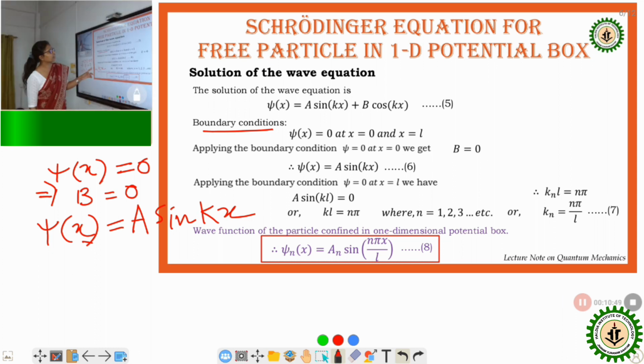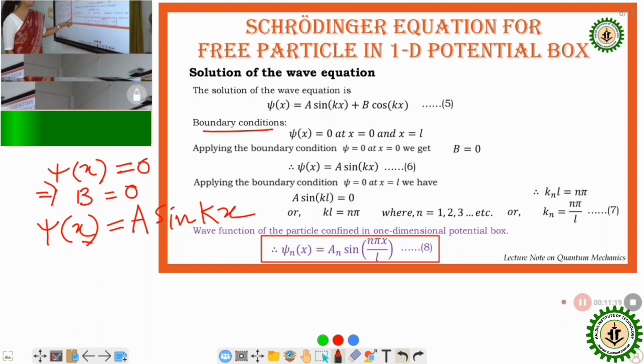Now if you put the other boundary condition, psi of x equals 0 at x equals L, you can write a sin kL equals 0. So if a sin kL equals 0, you can write that kL equals n pi, where n equals 1, 2, 3, etc. We are not taking n equals 0 here. Why? We will discuss it later.